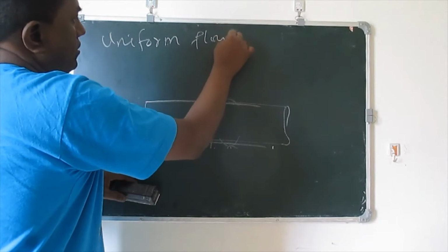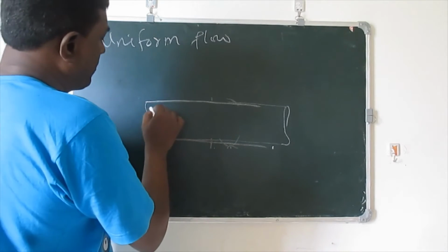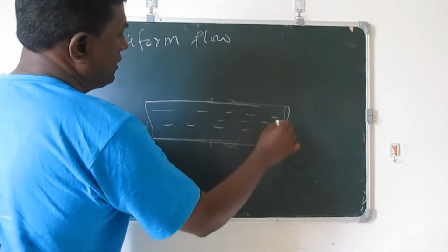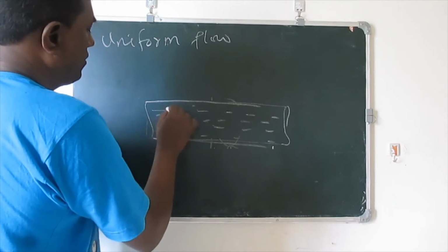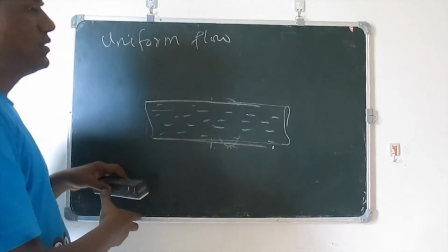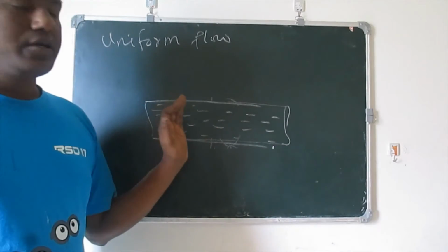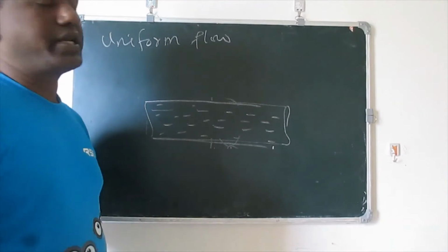First let's take a pipeline, that means flow in the pipeline. Flow is taking place in the pipeline, and now we ask whether it remains the same throughout the pipeline.